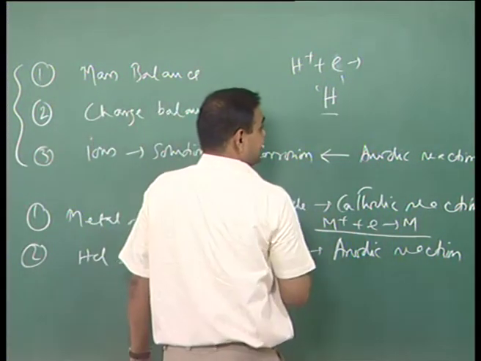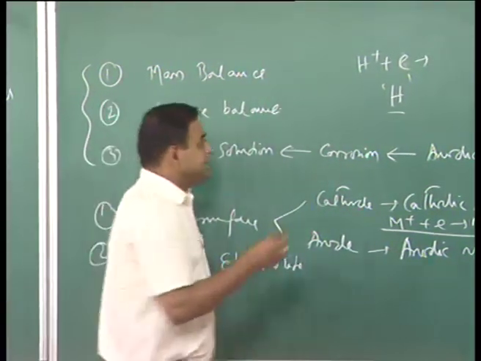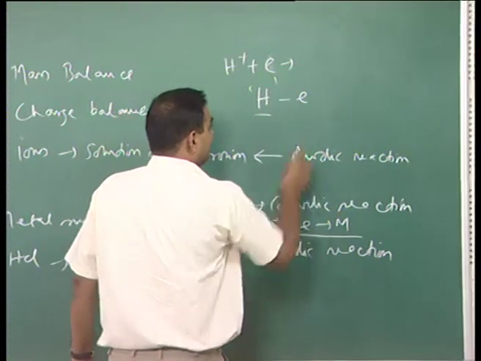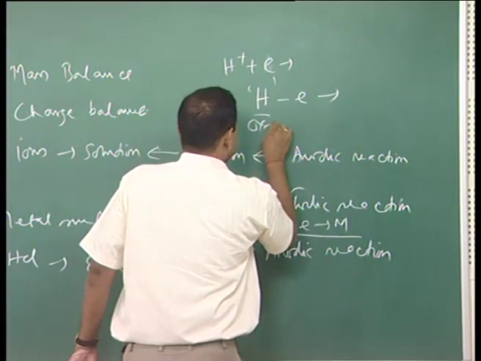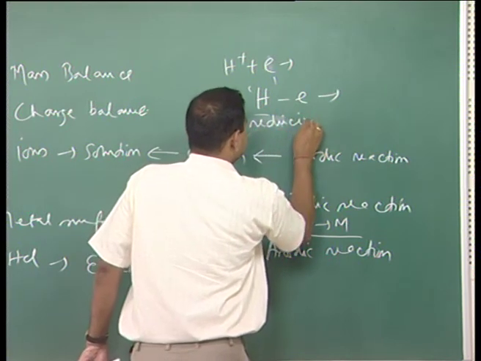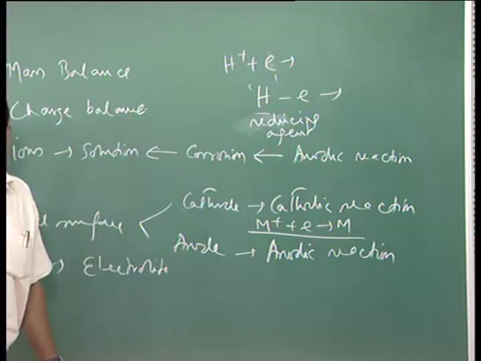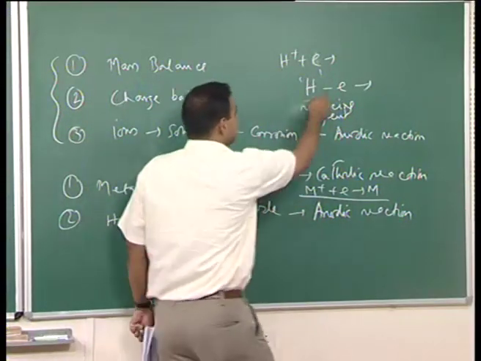If hydrogen is oxidized, that means it has to leave electron, because a reducing agent will get oxidized, so it will leave electron.